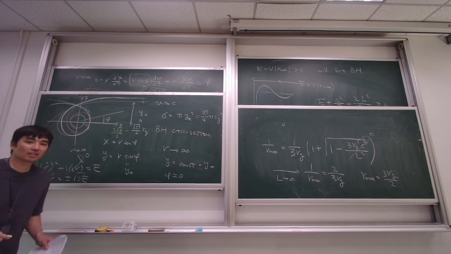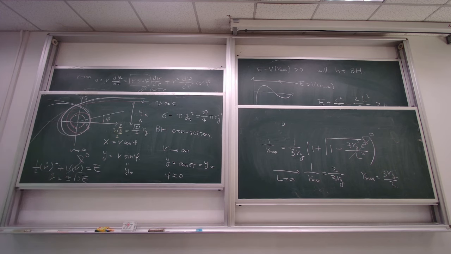So my question is, what is the relation between the cross section of the black hole and the shadow radius of the black hole? Well, what's the definition of shadow? When we observe the black hole, we will see a black area, right? The radius of the black area is called the shadow radius of the black hole. I see, so they are the same thing.